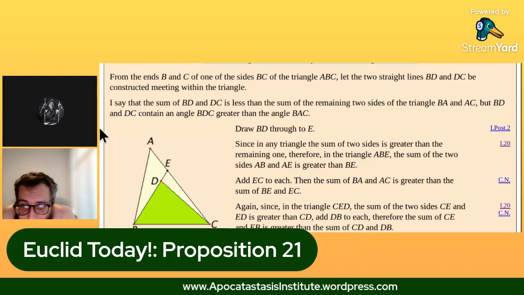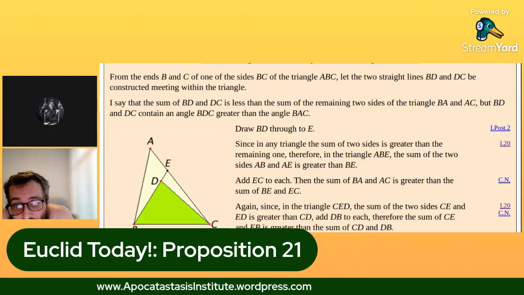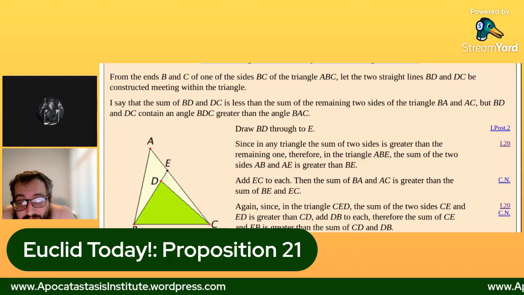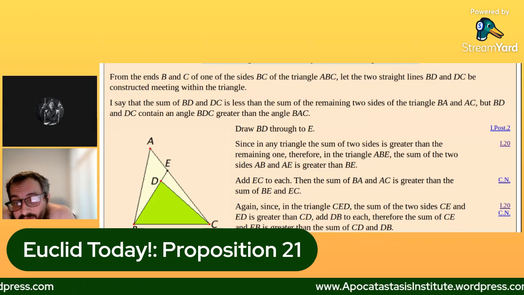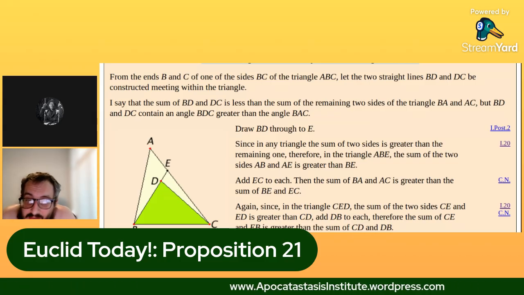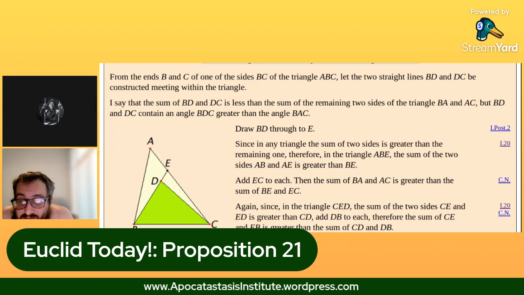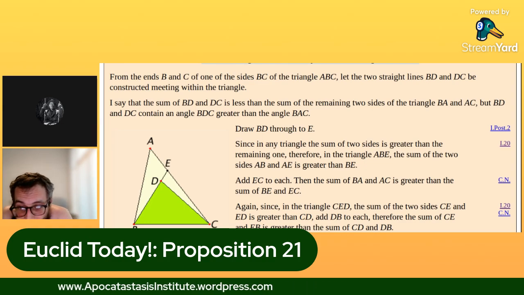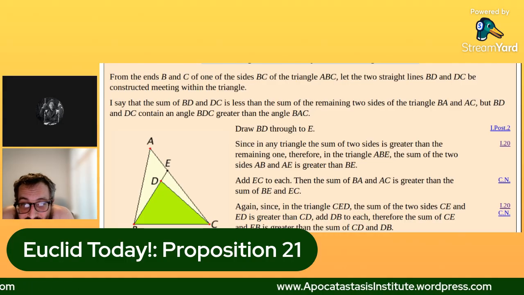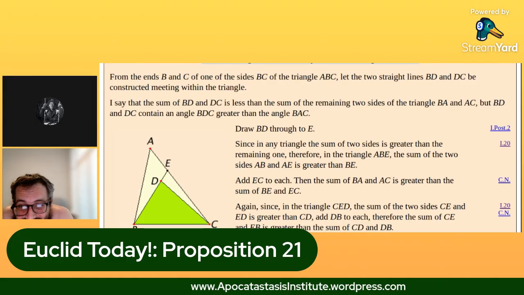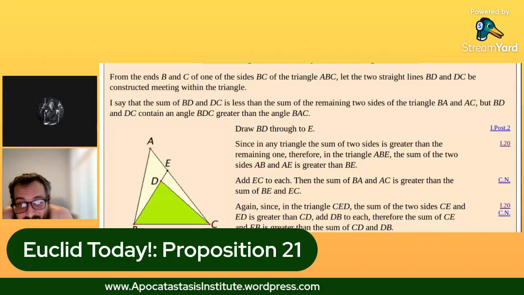Now, we use the proposition we proved two weeks ago: in any triangle the sum of two sides is greater than the remaining one. Therefore in the triangle ABE, the sum of the two sides AB and AE is greater than BE.